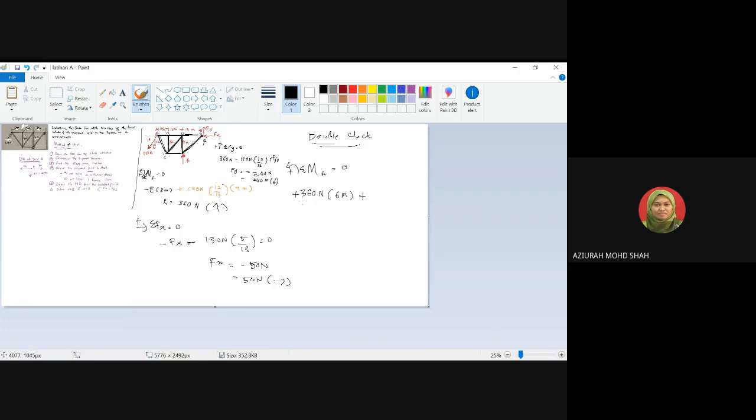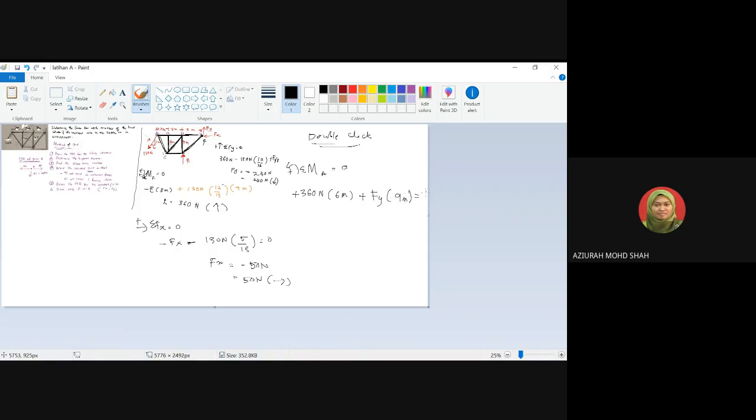Tapi you pun dah nampak, is something wrong here because ni tambah kan. Okay, tapi tak apa, kita tulis, sebab kita memang ikut FBD yang lama. So Fy ini kita akan darabkan dengan 9 meter.